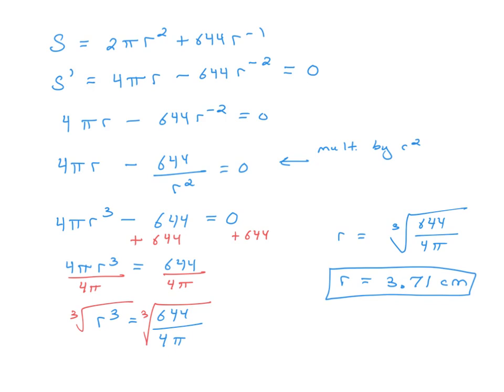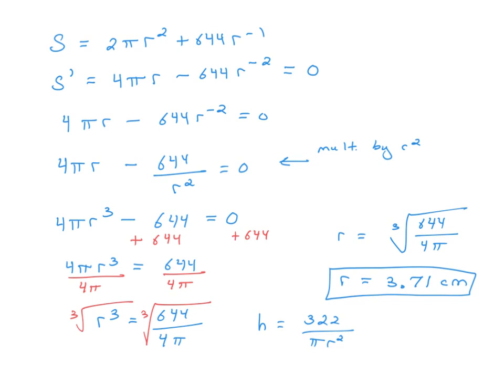If we'd like to solve for h, well, we already have a formula that connects r and h. And if you recall, h was equal to 322 over pi r squared. So I'm going to take this number, put it in place of r to solve for h. And I'm going to do this entirely in my calculator.